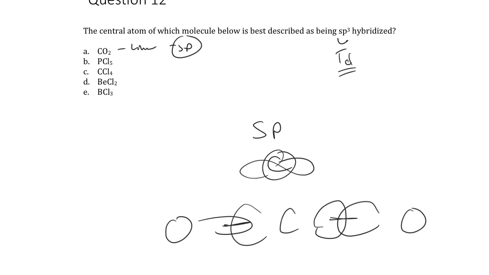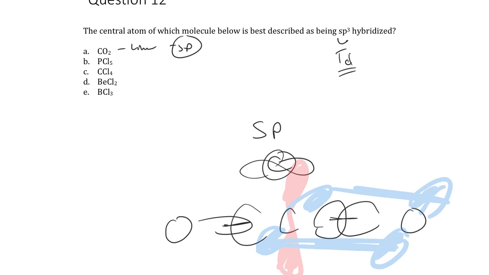And then we have leftover p orbitals. So here's one of them on carbon, and here's the other one that's left over. We can take orbitals on oxygen and pair them up to make the pi bond one way, and then take the oxygen the other way to make another pi bond. So CO2 ends up with 2 pi bonds using these pi orbitals, but this is really a long-winded explanation for sp hybridization in CO2 and some implications of that.